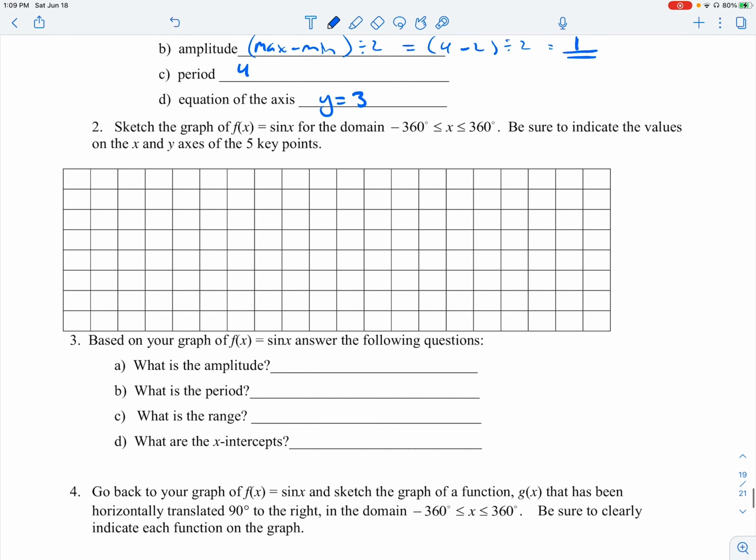Okay, let's now look over, we'll do 2 and then we'll do 4. So it says graph sine x for the domain from negative 360 to 360. So we'll mark off the middle. And then we'll put our y-axis through that.